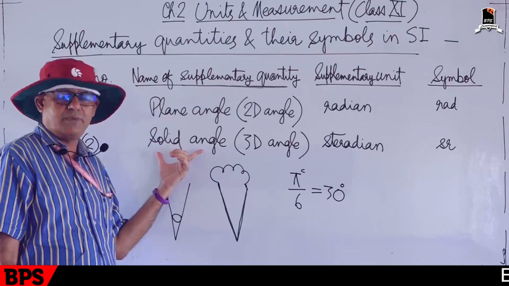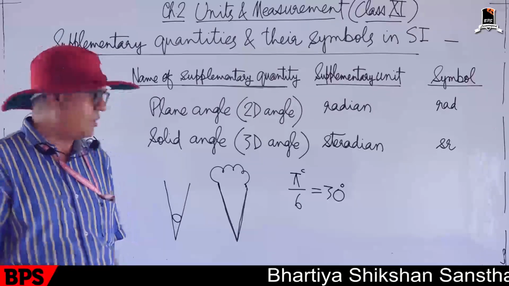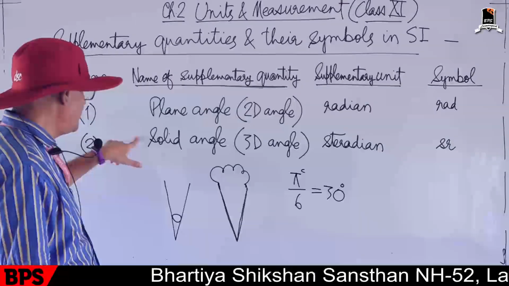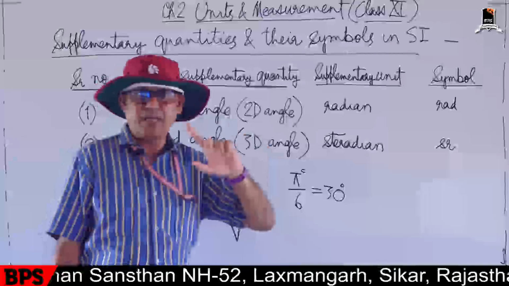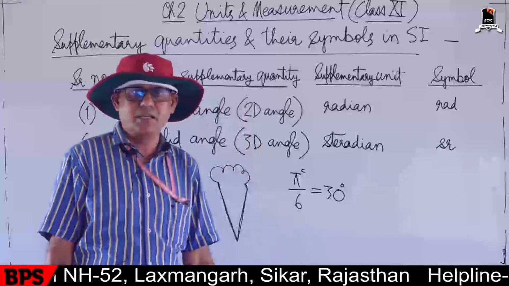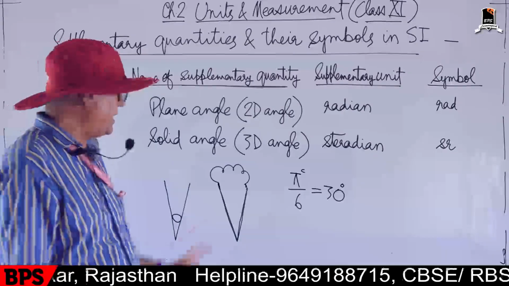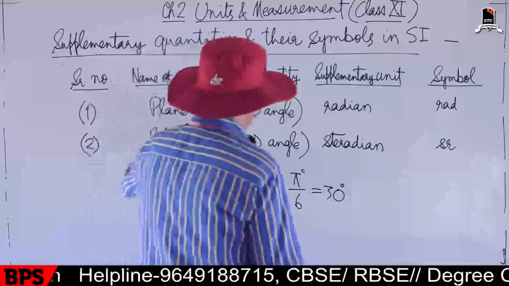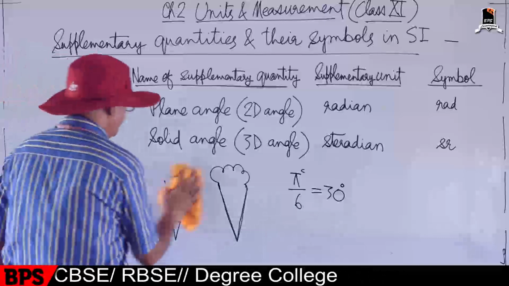Without this concept, you can't prove Gauss theorem. So we will use this solid angle concept only once, and that is when we study Gauss theorem in class 12. Getting it?